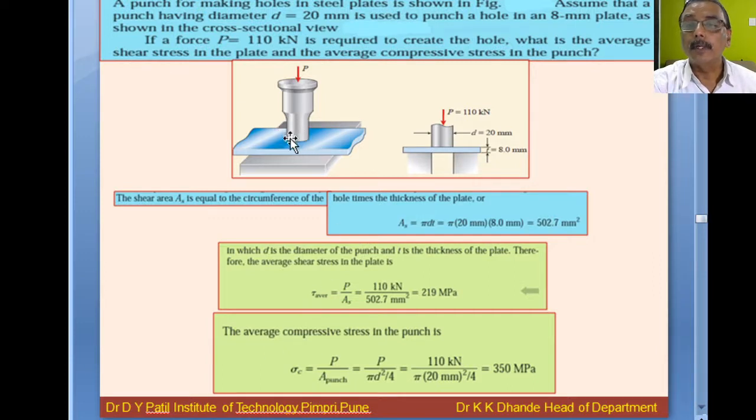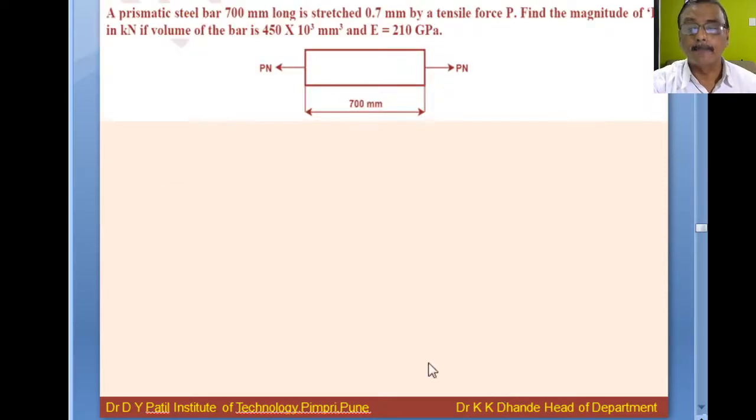When the load is acting on it, compressive stress will be induced in this section. Area of the punch is pi by 4 into d square. So P divided by pi by 4 into d square, and you will get 350 megapascal.